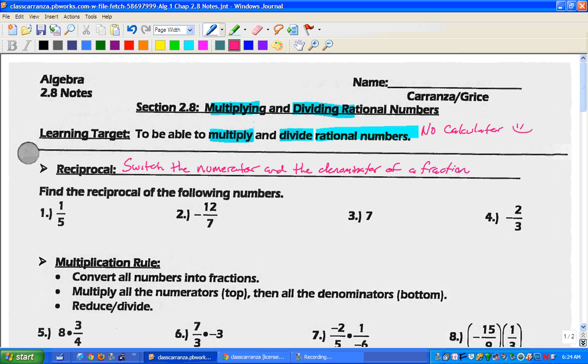So let's find the reciprocals. 1/5, we would switch that to 5 over 1. And 5 over 1 is the same thing as 5.